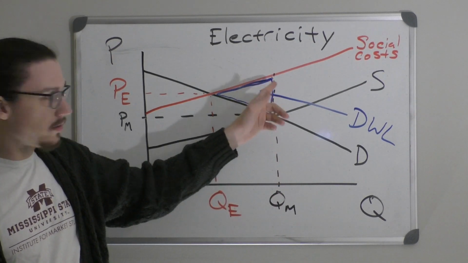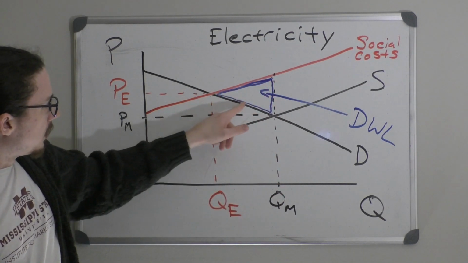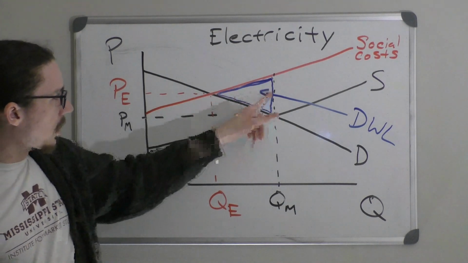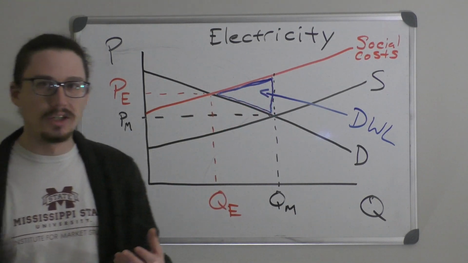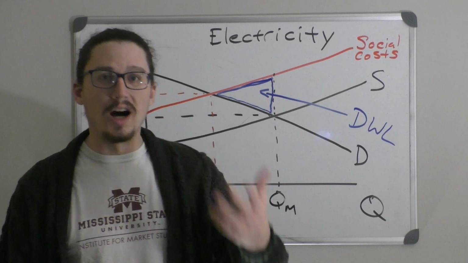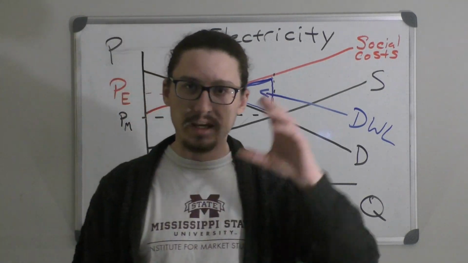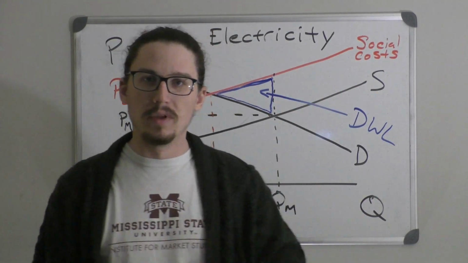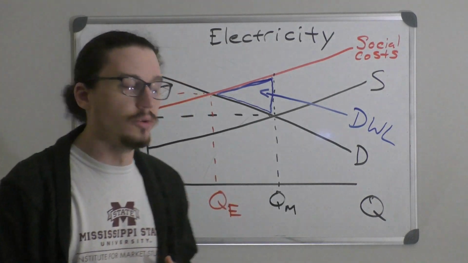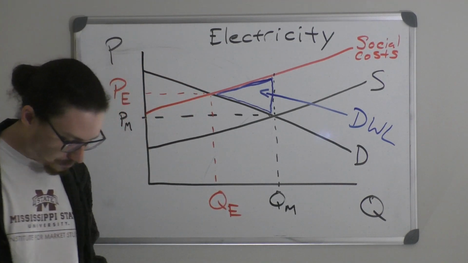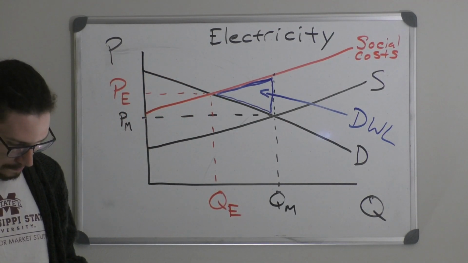Because if we're producing here, this is the quantity, those are the true costs, and so here we are making a bunch of electricity that's actually more costly when we take social costs into account than the benefit of having those units of electricity.